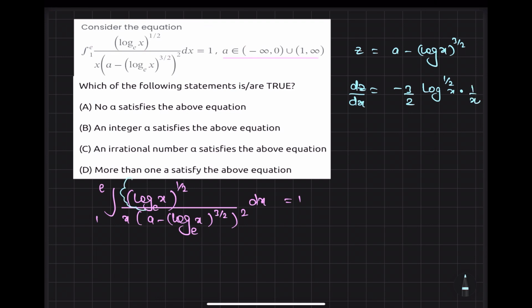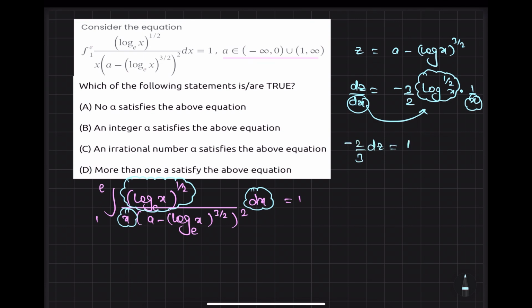If you observe, we have (log x)^(1/2), and in the denominator we have x, so we will send this dx to that side. So we will be left with minus 2 by 3 dz equals (log x)^(1/2) by x dx.